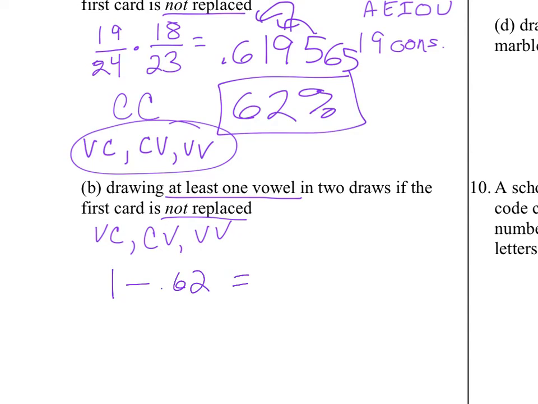I'm just looking for the complement of the previous. So this is going to be, what, 78? No, not 78. 28, sorry. 38. I'm trying to do it in my head and not doing well. Okay, 38%.